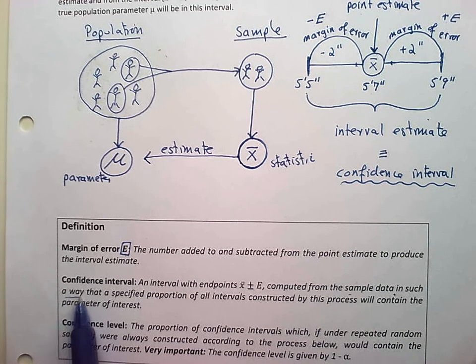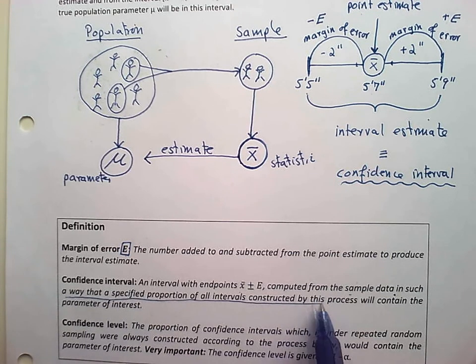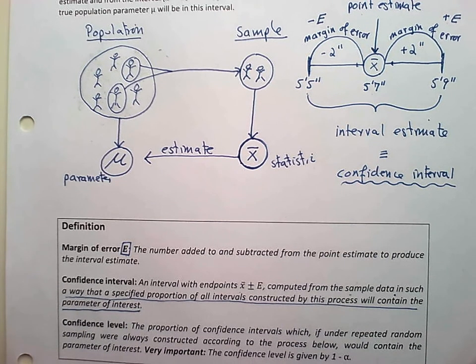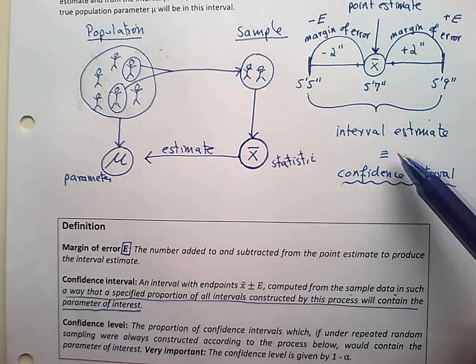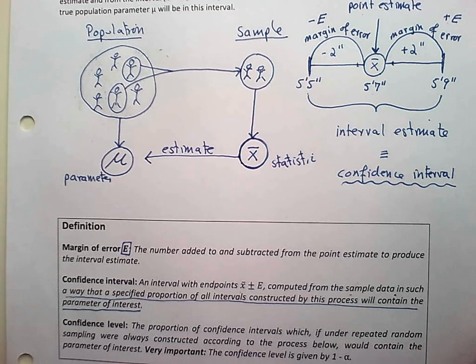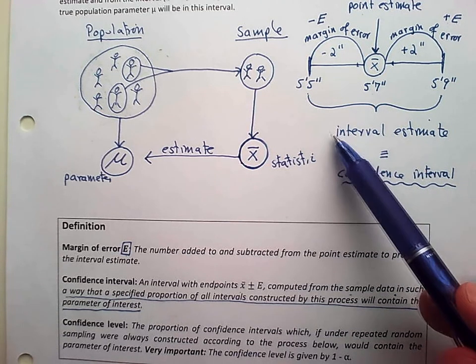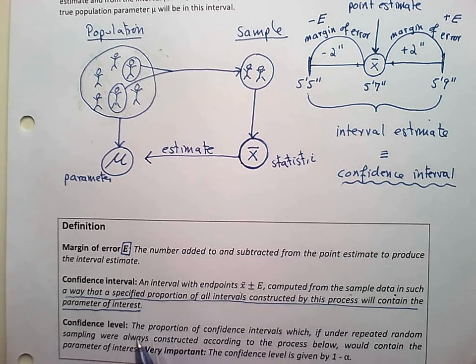This last portion right here is something that I'm going to discuss a little bit on the next page. I'm going to draw another picture of that. But just keep in mind that our confidence interval is going to be the same thing as our interval estimate, as long as we're constructing these intervals using a certain process.